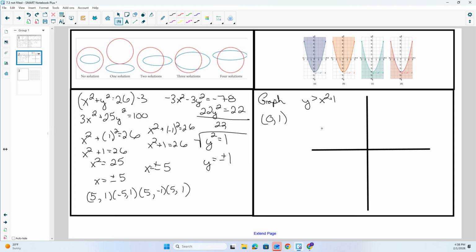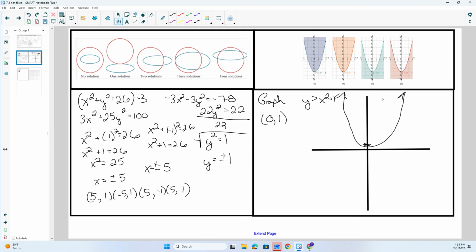If you don't remember how to get that, you know that this doesn't shift left or right, so we're right here, and we go up 1, so we know it goes right here. We know it is also a parabola, so it shifts up, and it looks something like this.